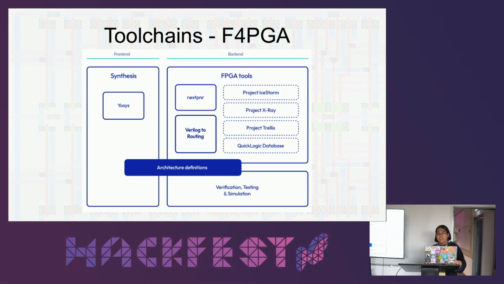On the front end, Yosys does the synthesis, and on the back end you have things like nextpnr that does the place and route. You have the different projects like IceStorm and X-Ray that contain the specific definitions for whichever FPGA you're looking to use, and then tools like Verilator for verification, simulation, all that.